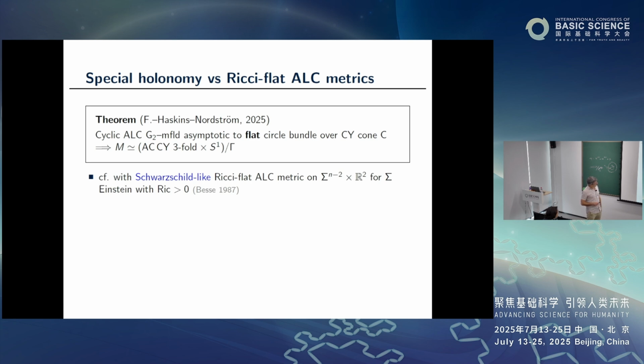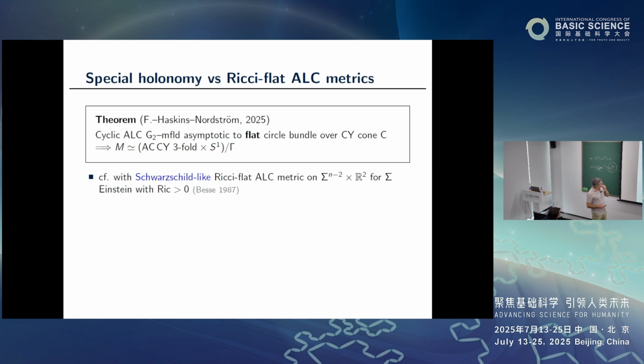So I could consider situations where at infinity I really have a product, a Calabi-Yau cone times a circle. What we prove is that in that case, if I have a G2 metric that is asymptotic to something like this, then it must actually be Calabi-Yau times a circle, possibly modulo some finite group of isometries.